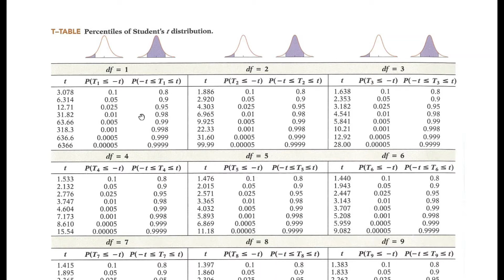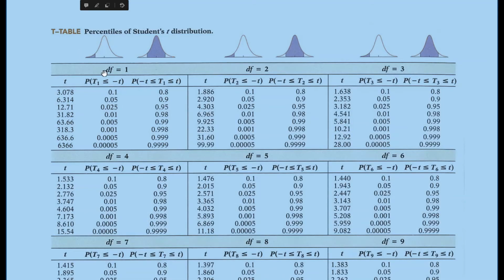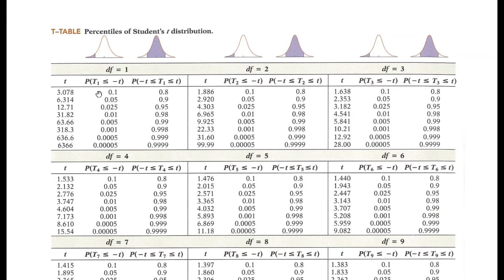So how can we use the t-table? You see that given a certain degree of freedom, you can get the number of standard errors, the t-stat, which you have to go from the hypothesized value to get a certain probability.